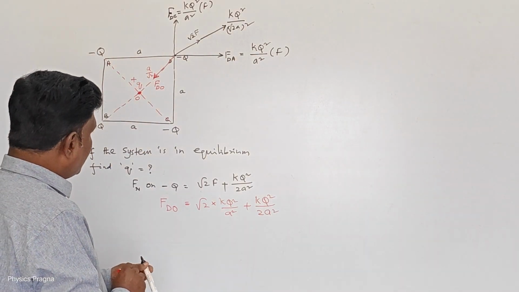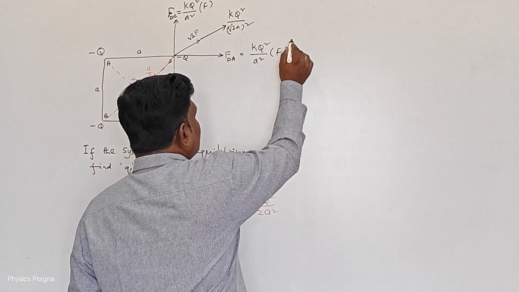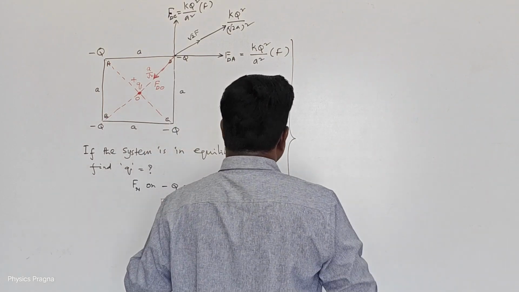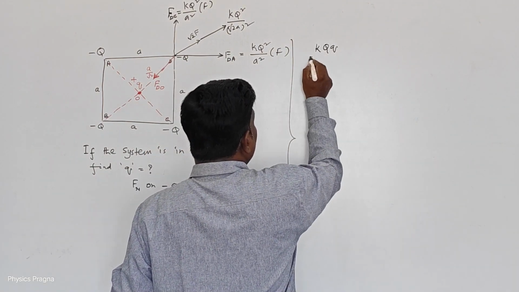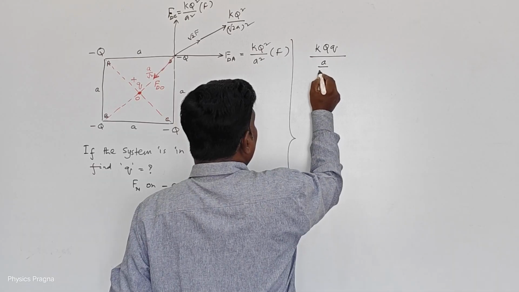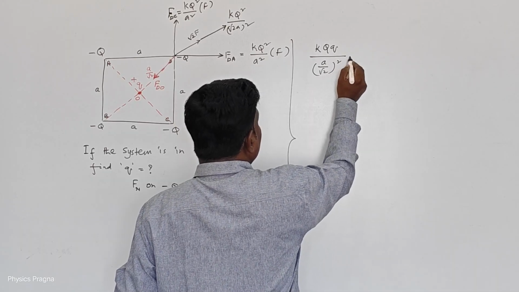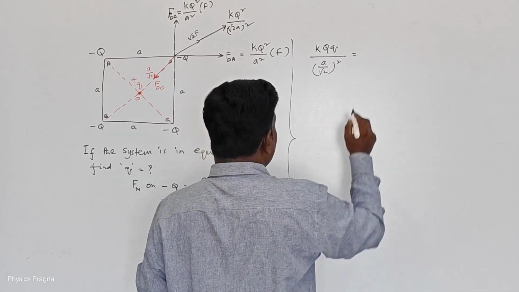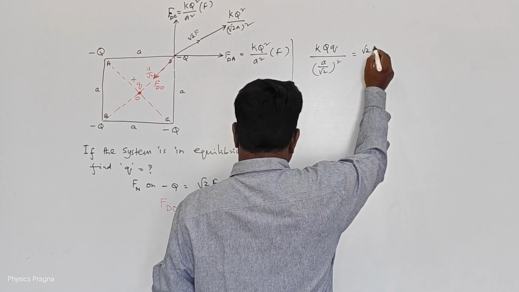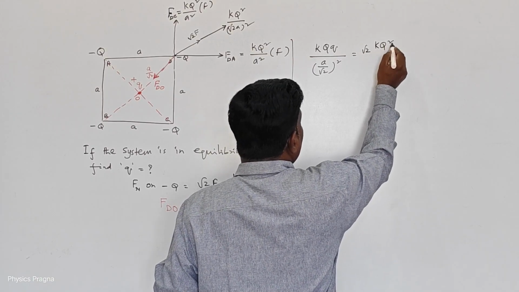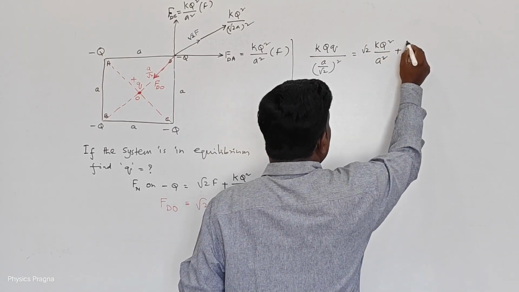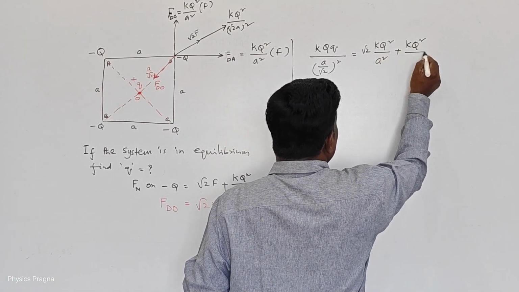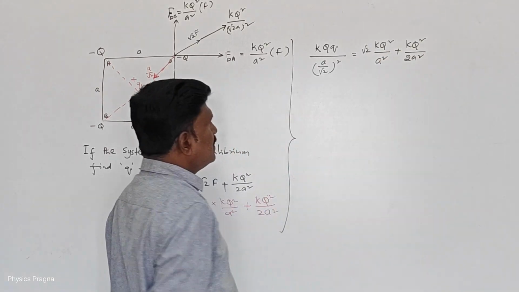So this value I'll write: F_DO is K capital Q small q by a by root 2 whole square, equal to root 2 K Q square by a square plus K Q square by 2a square.